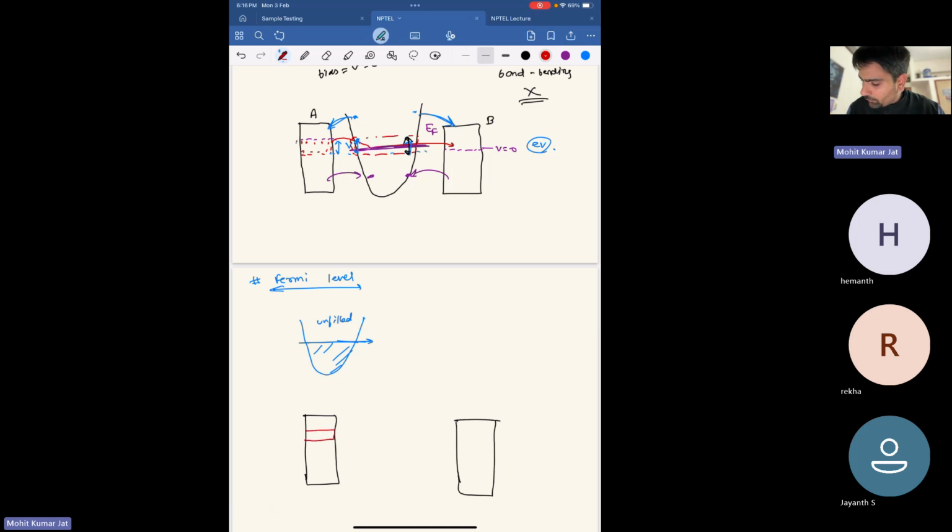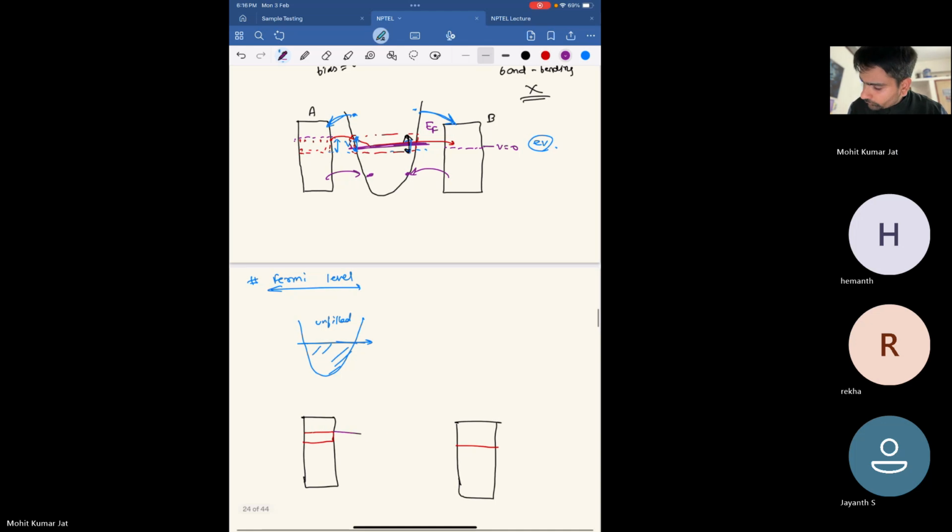The reason being the potential will follow this trend. The potential will fall like this. This is my potential line, this is my x-axis, this is my V, this is V0, this is V0. So if you see it, it has a slope. So you can think of it like the band has got bent, and that is allowing the electrons to flow.